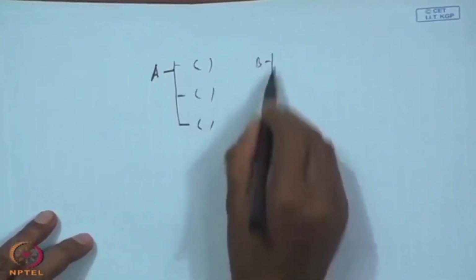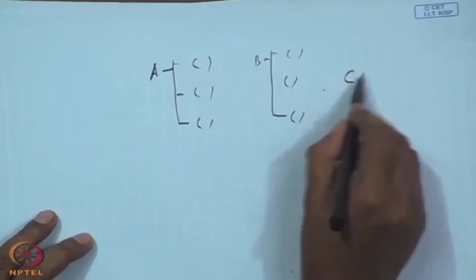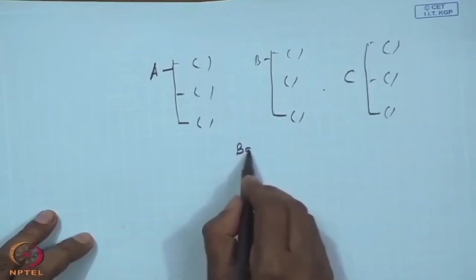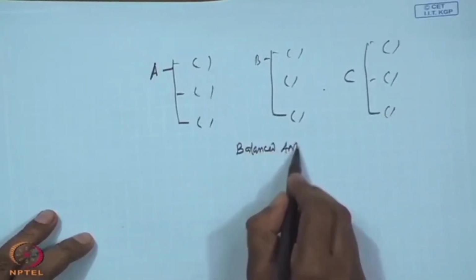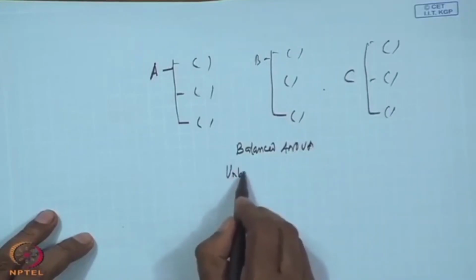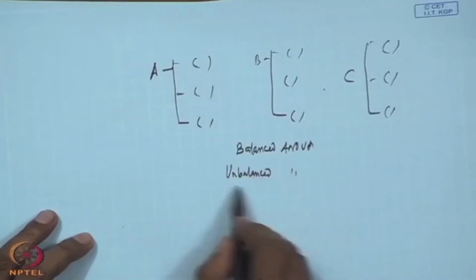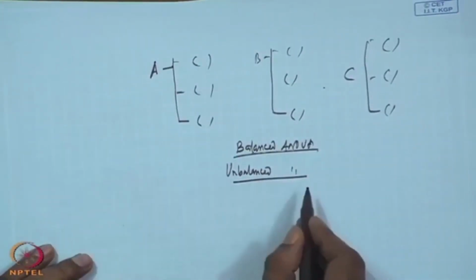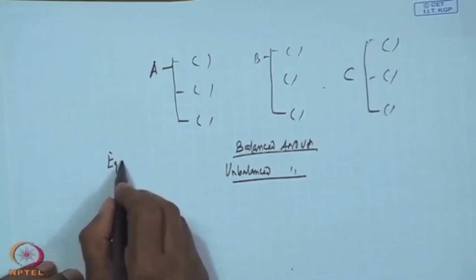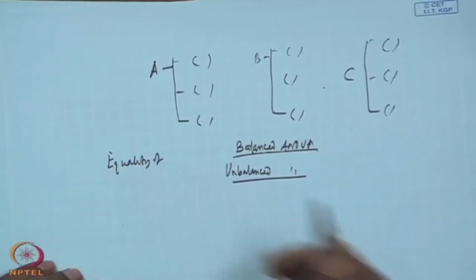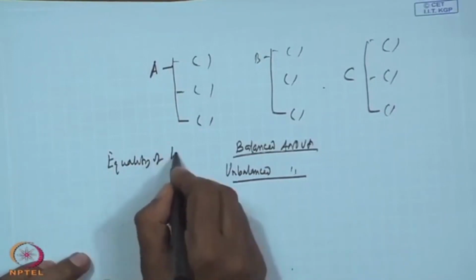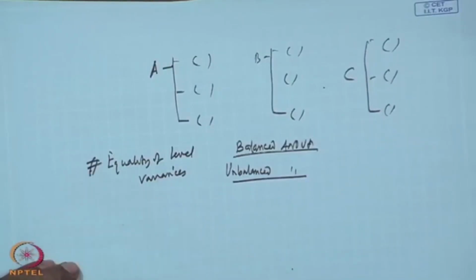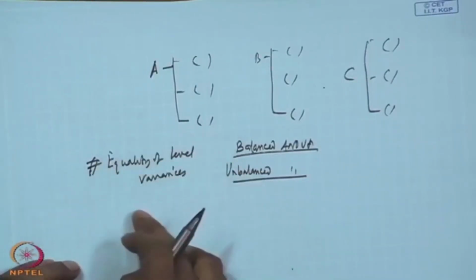Similarly for factor B, and similarly for factor C. When they are equal, that is known as balanced ANOVA. When they are different, that is known as unbalanced. And unbalanced ANOVA is problematic, because one of the issues is the equality of error, the population variances across levels. Most of the time with real data you will find there is a difference.